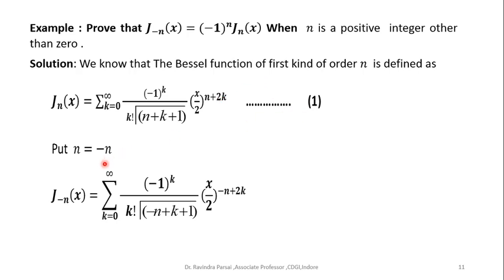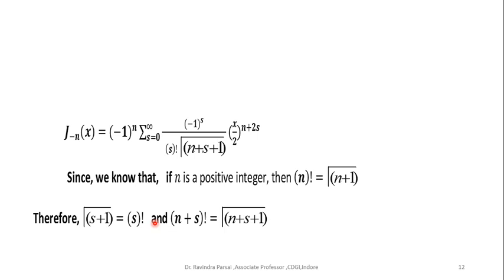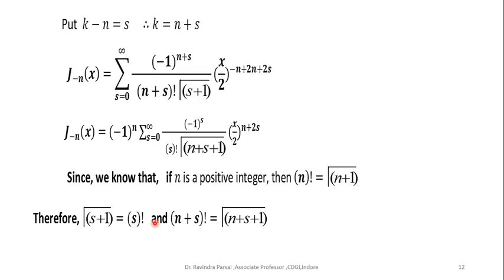Now on putting n equal to minus n, because we need the result of this type, everywhere you put minus n in place of n, this gives you this value. Now put k minus n equal to s, so that k equals n plus s in the above equation.